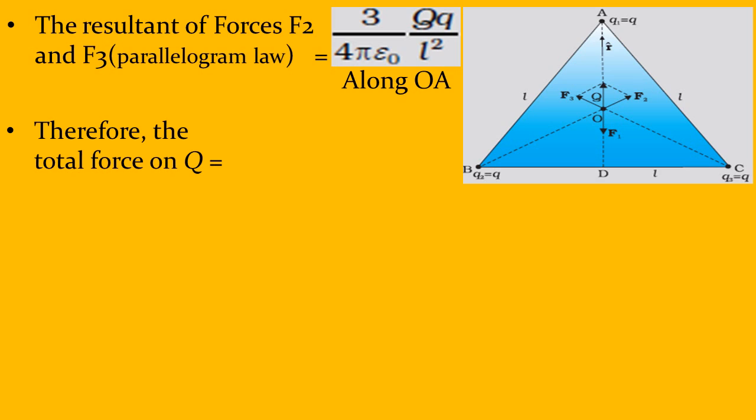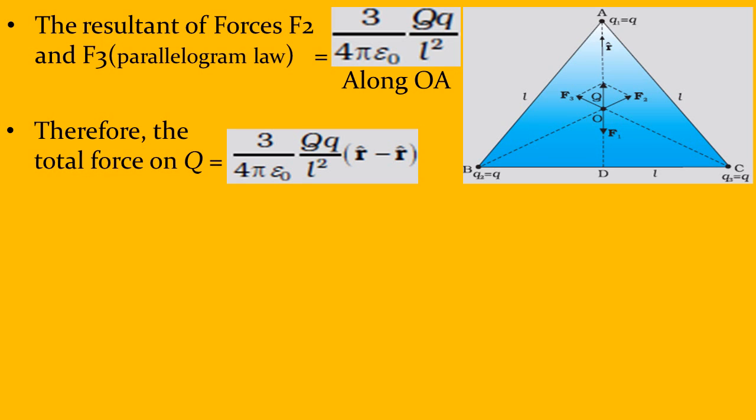Now, what is the total force on Q? We have a force on Q along OA and a force on Q in the opposite direction along AO, and the magnitudes are the same.